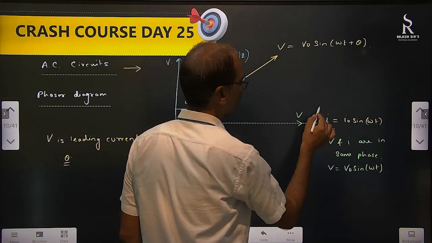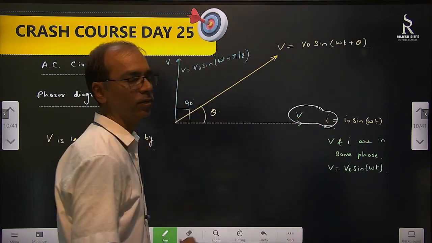So V and I across resistor are in same phase.